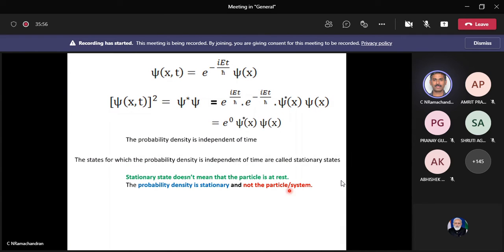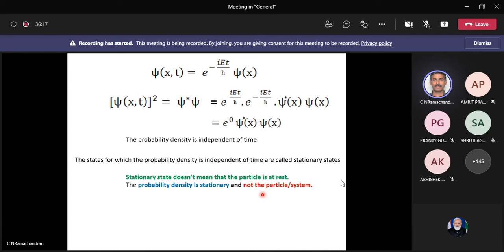That is given in red also. That means if you look at the probability density, it will be stationary and not the particle or the system.